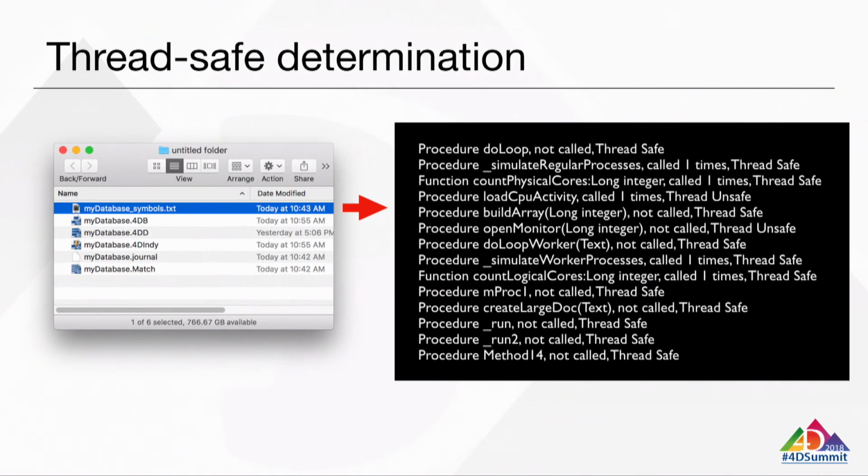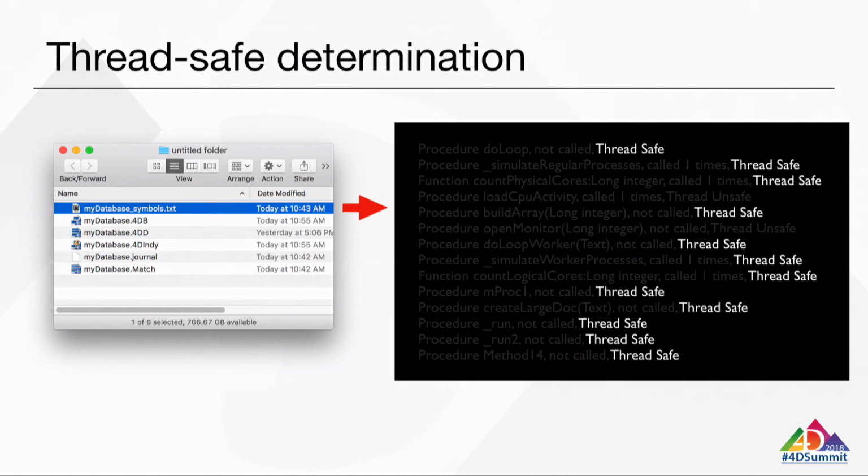And if you look inside the content of that file, when you scroll down to the bottom of the file, you'll see a block, the whole block of your methods, right? All of your methods will be listed there. Whether they are considered to be function or procedure, they will all be there, okay? And the cool thing is that it tells you which ones are thread safe, right?